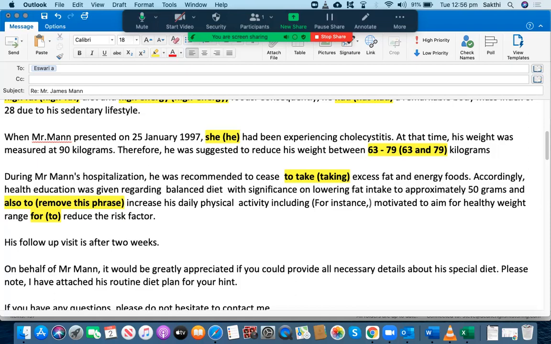This should have been done. She doesn't need to write down in the same sentence if she commits grammatical mistakes, because it's not correct. Motivated is not correct. You could have written down, for instance, he was motivated to aim for a healthy weight range to reduce the risk factor.